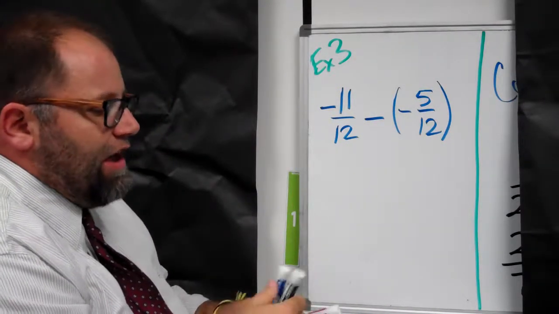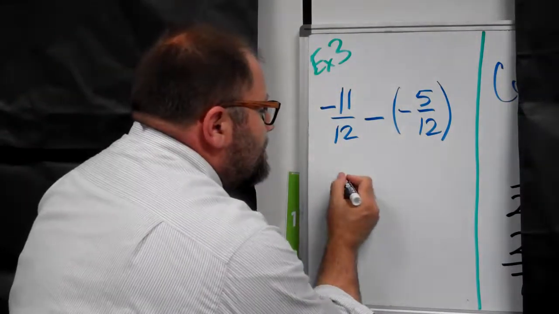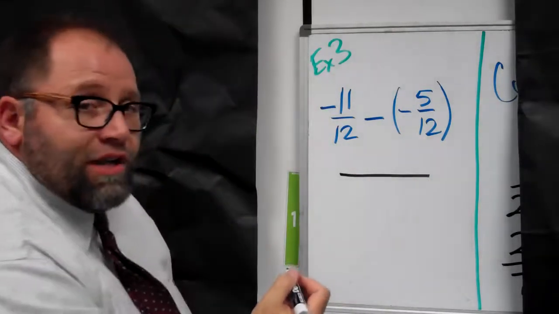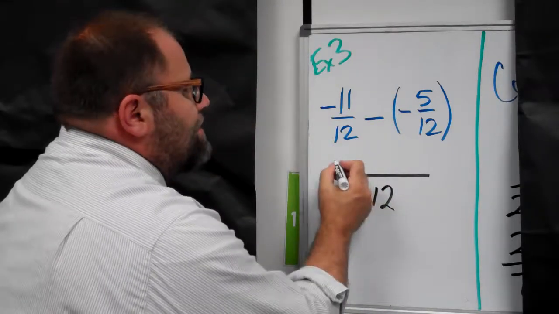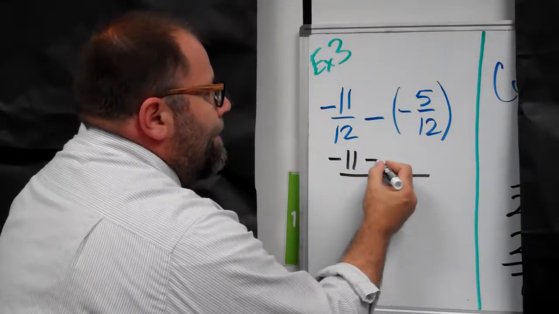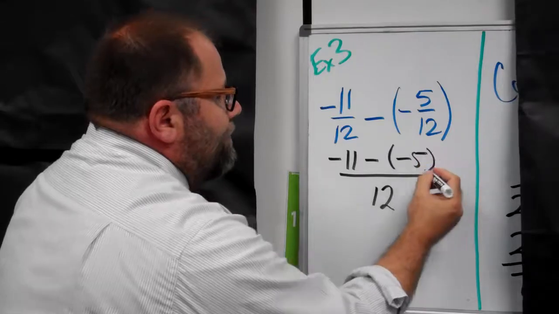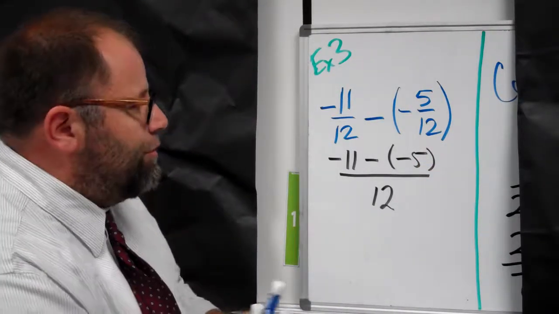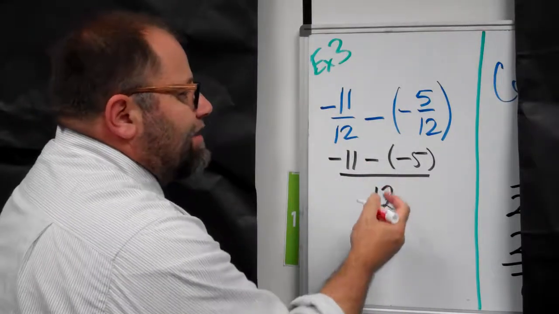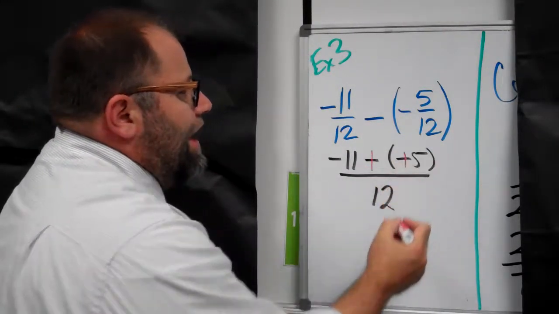-11/12 and -5/12. First, since we're doing like fractions, I'm just going to draw my dance floor and bring my denominator down. Let's get the dancers: -11 minus -5. Some of you are going, got it, that's so simple. We know when we subtract a negative, we are really adding a positive.